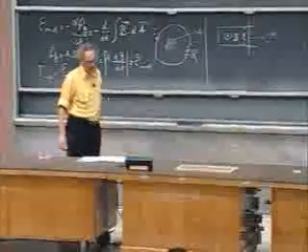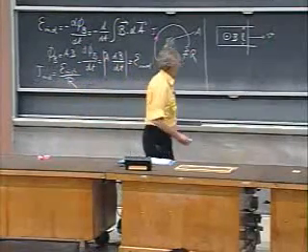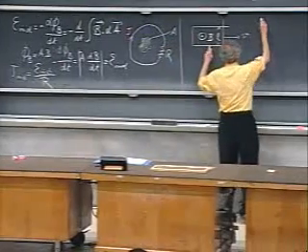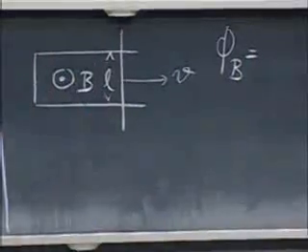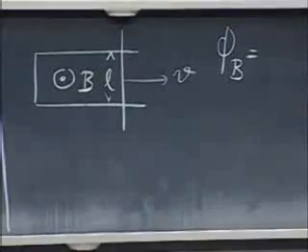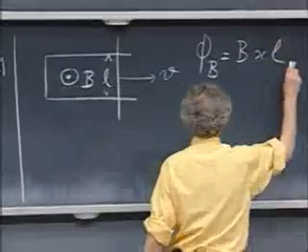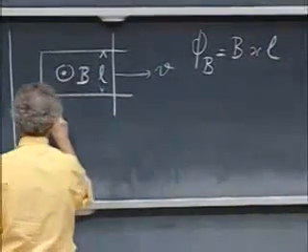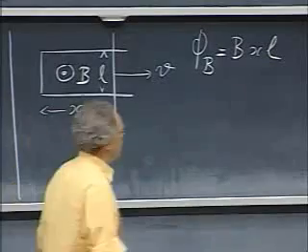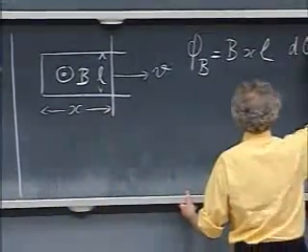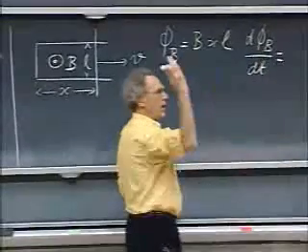Magnetic field is constant. And so the magnetic flux, phi of B, is the area times the magnetic field. The angles are just wonderful. So that is B times x times L, if this distance is x. So the magnetic flux change in time, d phi B/dt, notice I don't care about minus signs.